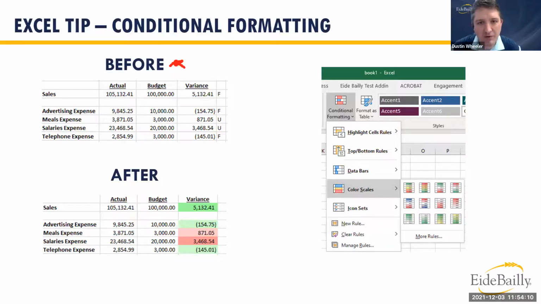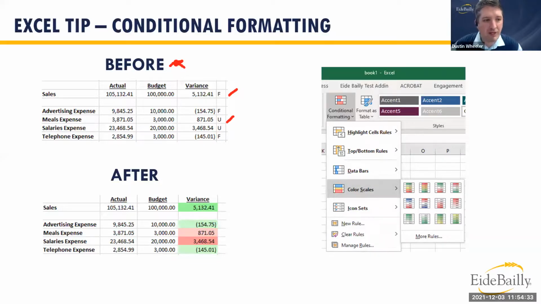So what you've got right here is you've got actual, and you've got a budget column, and you've got a variance. Now you'll see right here, there's an F here for when the variance is favorable and when the variance is unfavorable. So this is how I learned how to do this in school. This is the traditional report, simple subtraction calculation, and then looking at the variance.